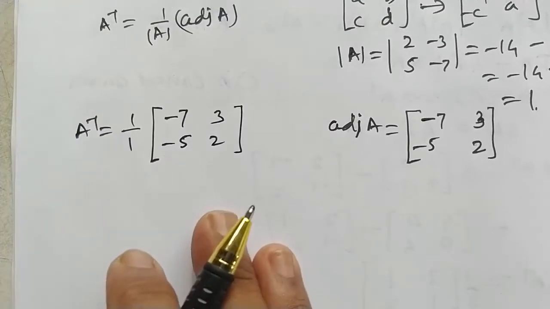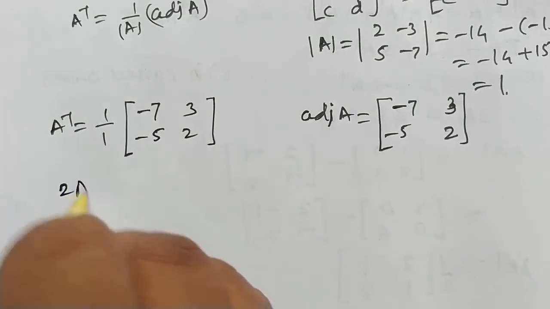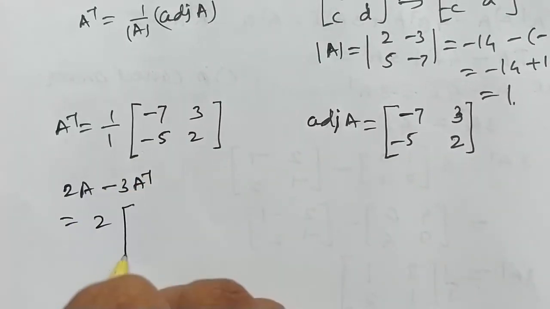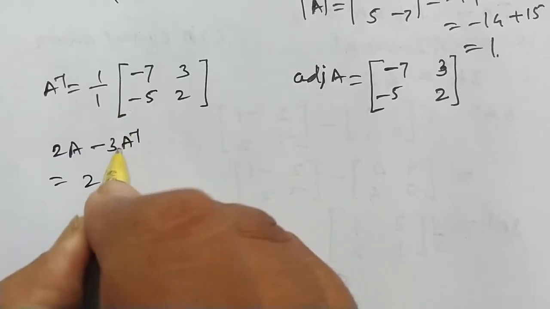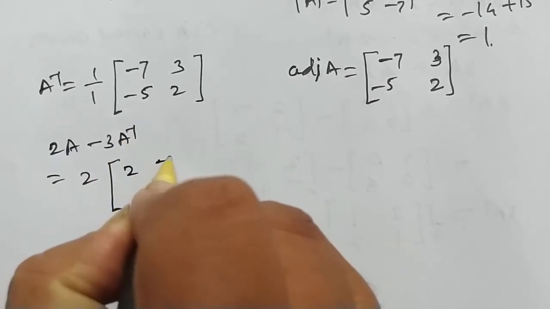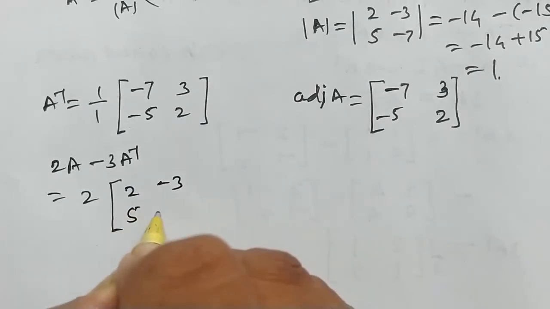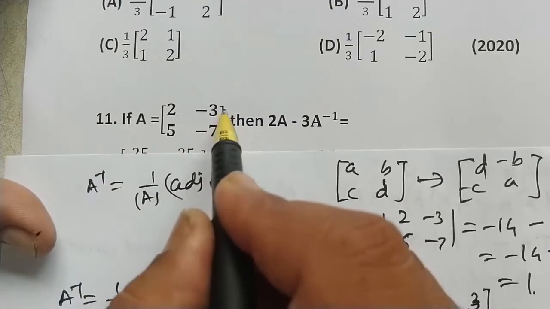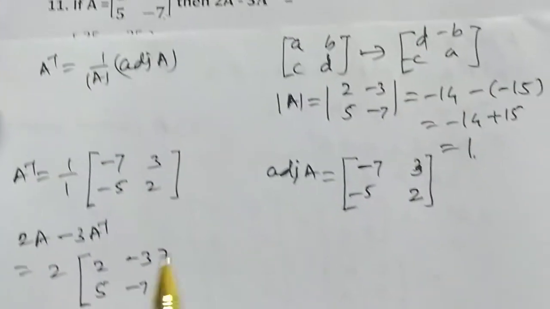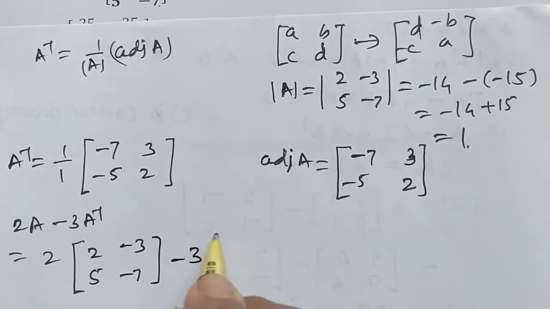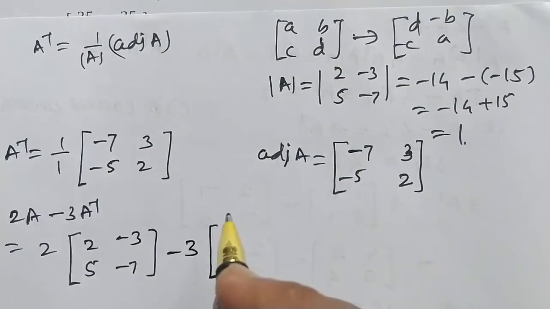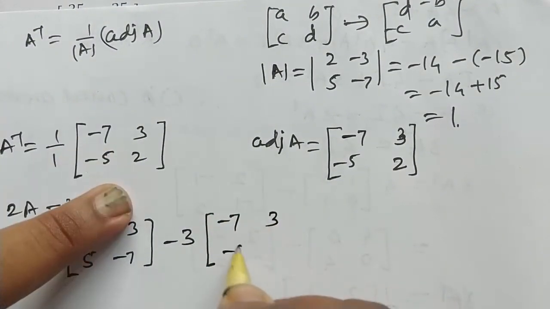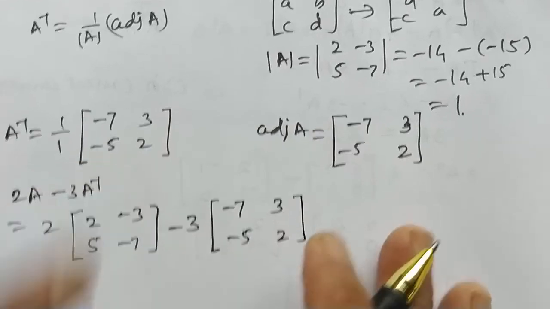Therefore, with the given equation, 2A minus 3 A inverse is equal to 2 into the given matrix [2 -3; 5 -7], minus 3 into the inverse of the given matrix [-7 3; -5 2].